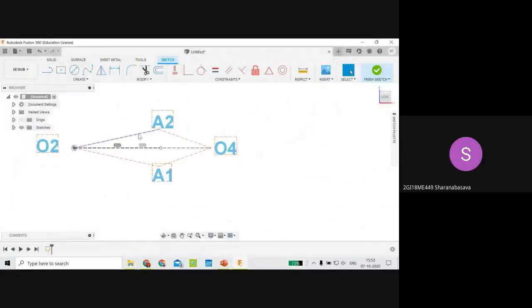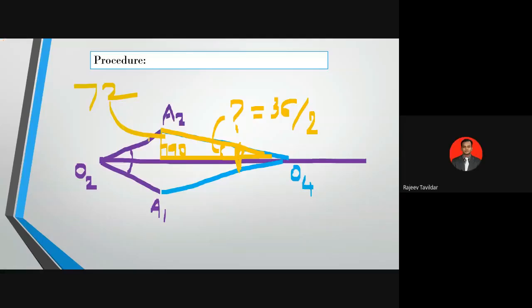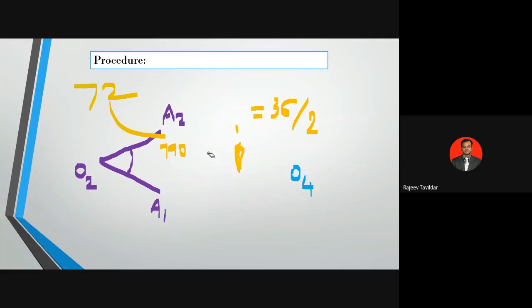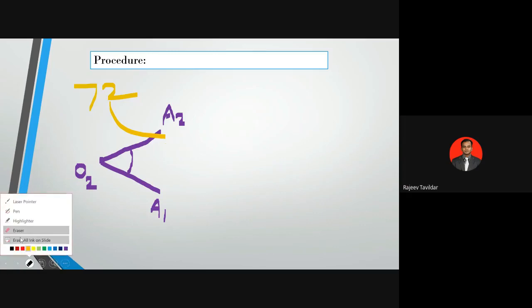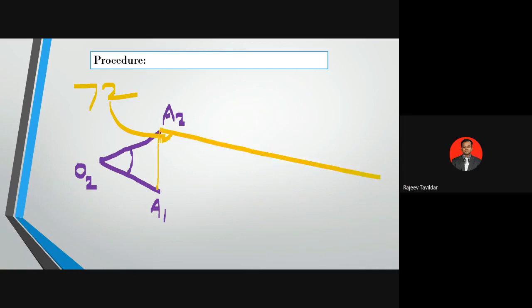Once I know that this is 72, now I can erase these parts. So now I'll construct it once again by drawing one horizontal construction line here, and I will draw a line whose angle is 72 degrees.